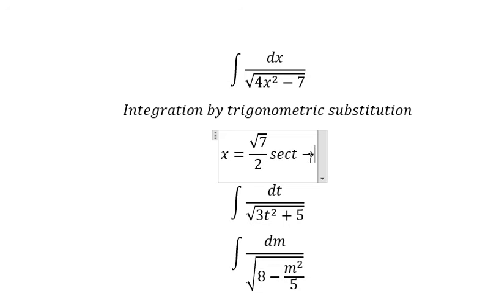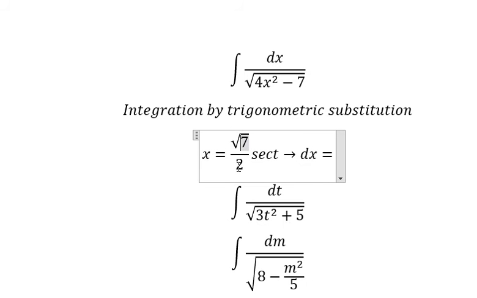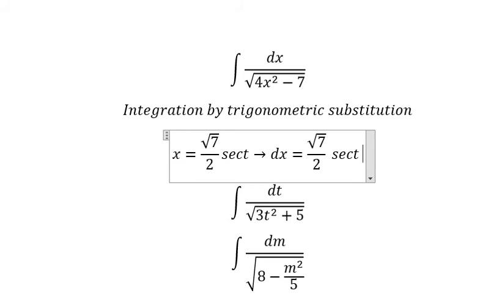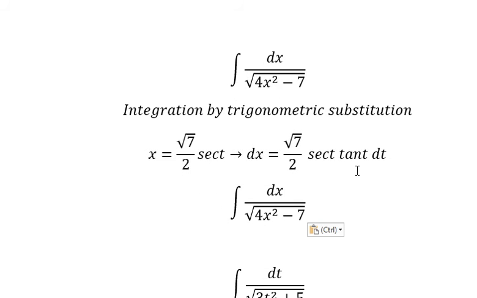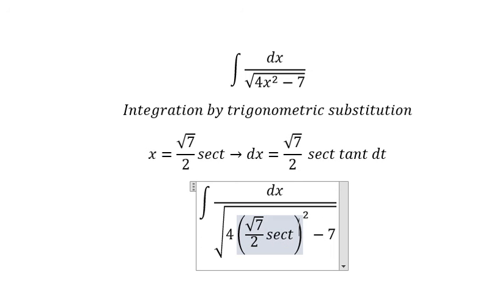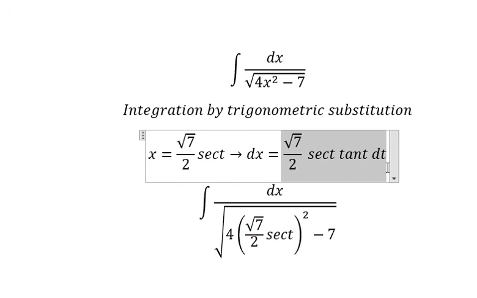And later we simplify by ds. We do first the derivative for both sides. And we get the square root of number 7 over 2 secant of t tan t dt. So we put this one in here. The s we change for this one.